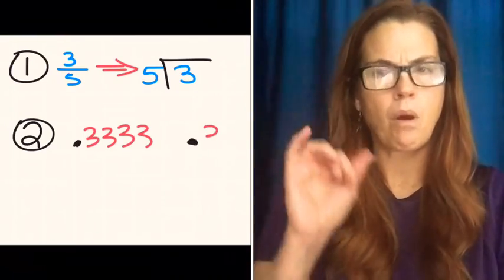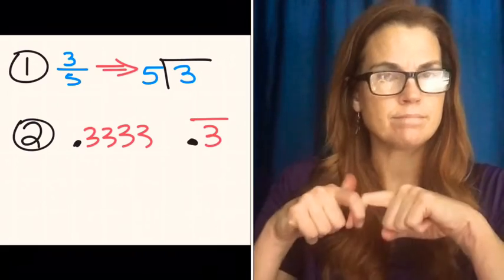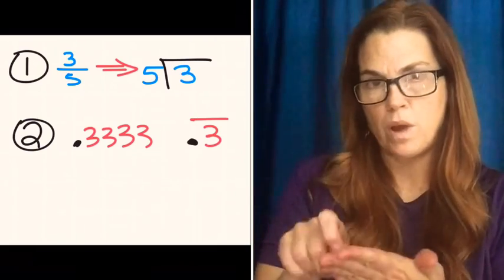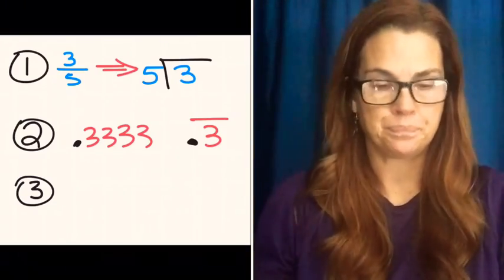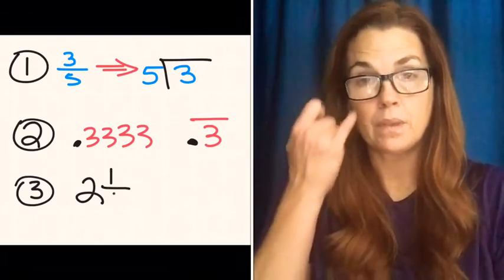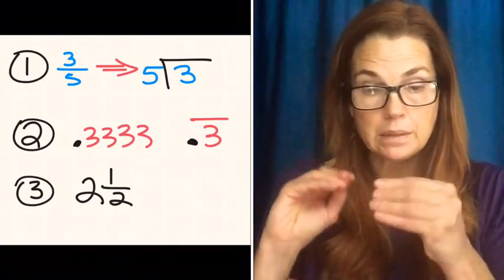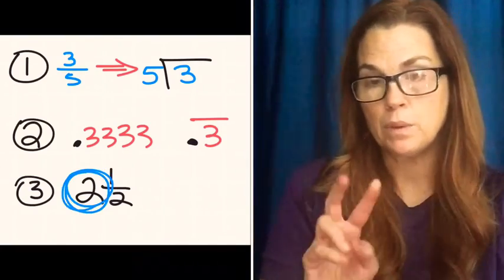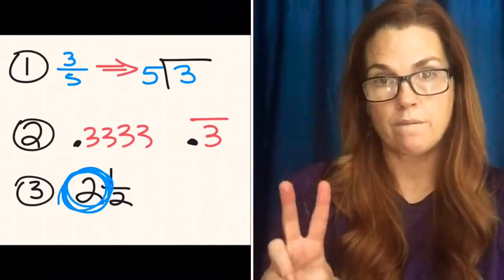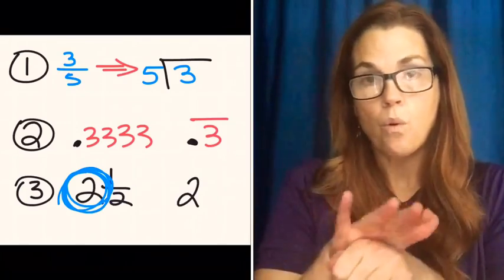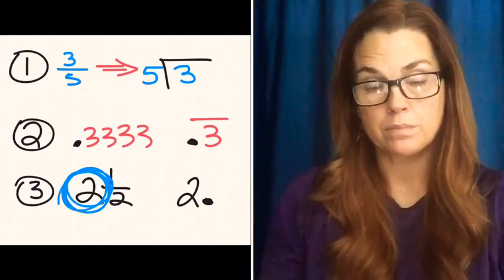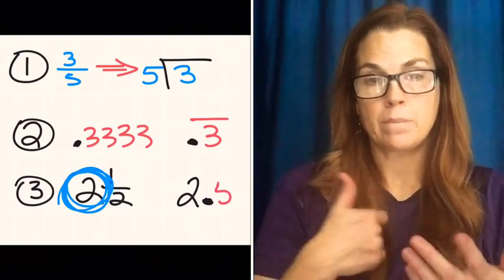Write the value with a repeating bar above it. Finally, if I have a mixed number, I need to make sure I include the whole number in my final decimal response so that I don't inadvertently put only the decimal value without including the whole number.